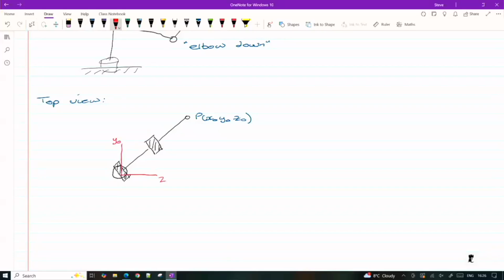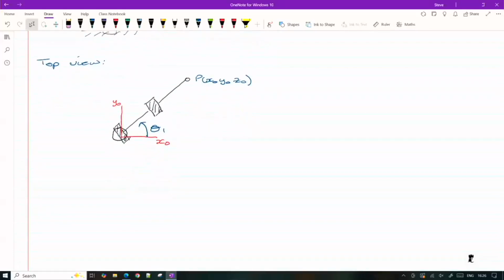So from the top view, we are looking down along Z, so we see movement in the XY plane. We know Px0, Py0, they're given to us. So from that view, we can only get a restricted number of things.